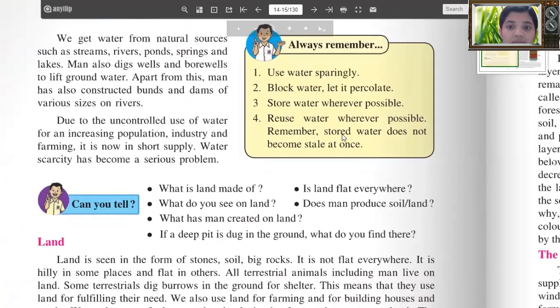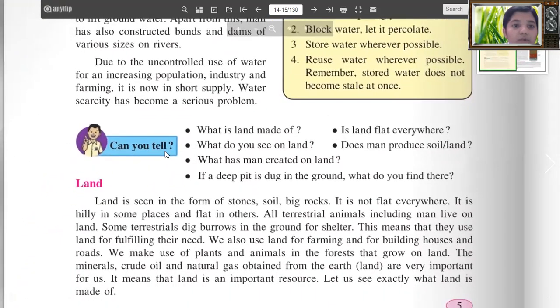Can you tell what land is made of? What do you see on land? What has man created on land? If a deep pit is dug in the ground, what do you find there?